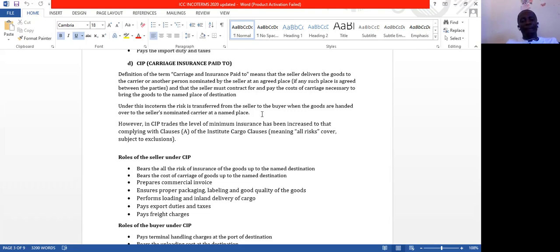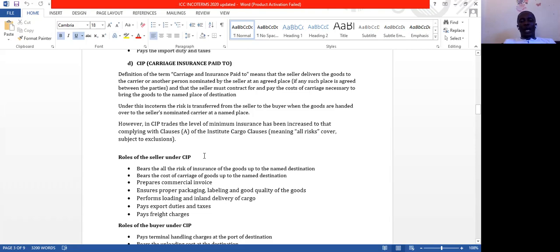However, in CIP trades, the level of minimum insurance has been increased to that complying with Clause A of the Institute Cargo Clauses, meaning all risks covered subject to exclusions. We know there is Clause A, Clause B, and Clause C, Clause C being the least. But when you're trading under the CIP, take note of this. You are going to take Clause A, okay? Which means you're going to cover everything with the exception of the few exclusions only.